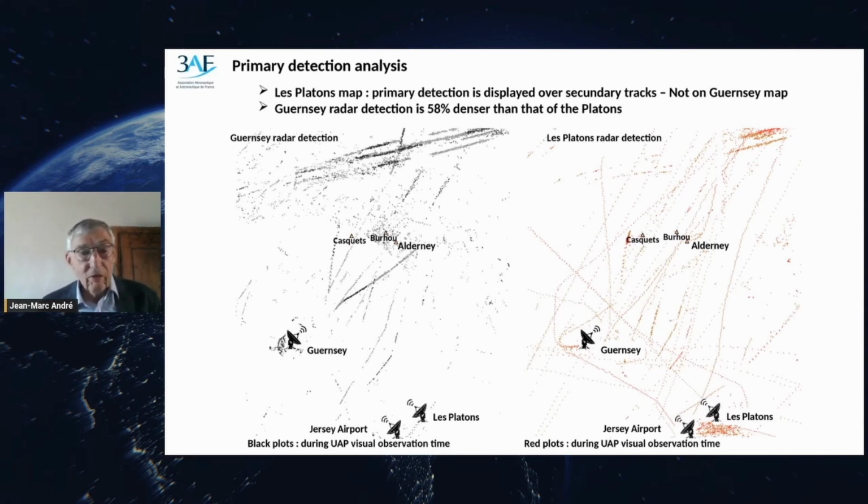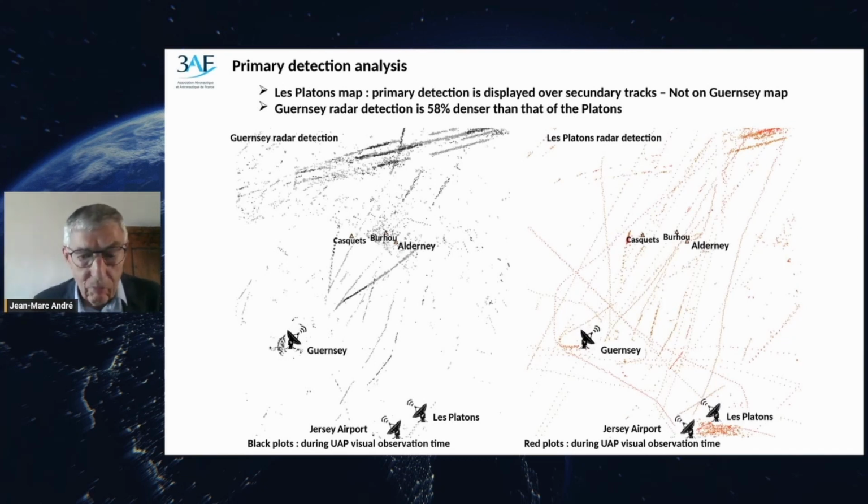On the contrary, we do not have that on the Guernsey plots map. Why? We don't know the reason. We suppose that it's a matter of the Elvira system process, but there is already a big difference, which means we're not sure what to be confident with.